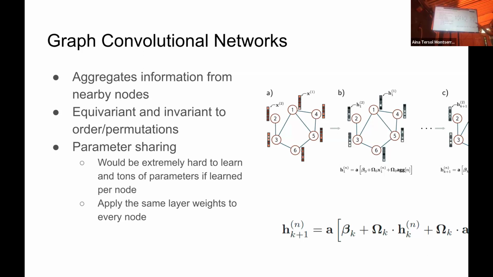But in this, the parameters are shared. So there's a certain layer that we apply to all of these nodes, and we do that the same for the hidden as well. So there's some layer that will turn these embeddings into better features every hop, but it's the same one for every single node. We're not learning one per node. Keeps it a little bit of an order of complexity. Yeah.